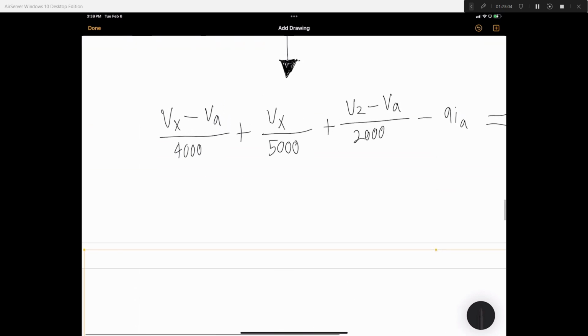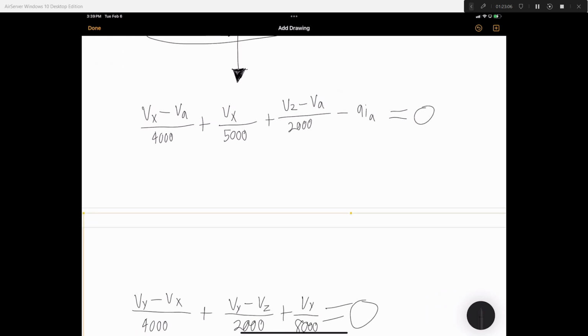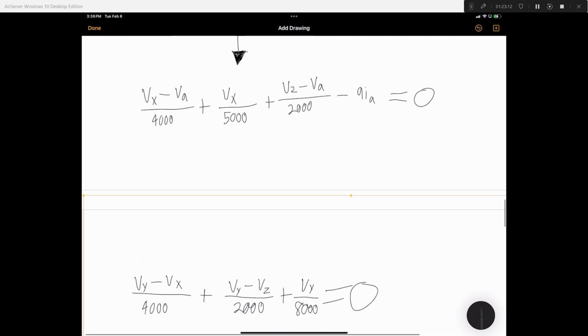Okay, so we know that the current entering is v sub y minus v sub x divided by 4,000, and then negative v sub x, because going from the ground to v sub x, that'd be negative v sub x divided by 5,000?